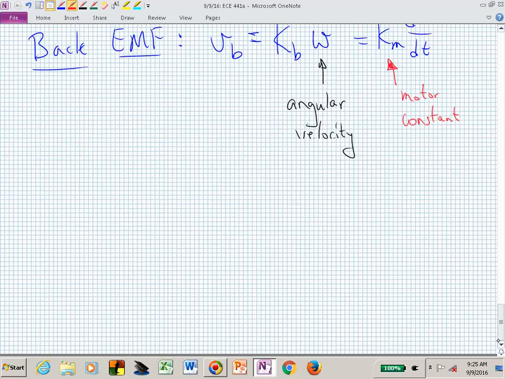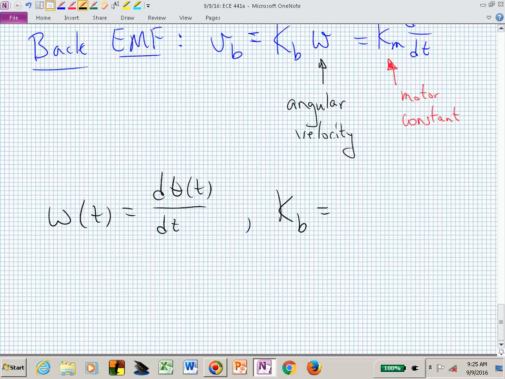And our equations that we're using are that the angular velocity of the shaft is just the time rate of change of the position of the shaft, and we're using the fact that the back electromotive force constant, K sub B, is equivalent to the motor constant K sub M. The explanation for that can be found on page 75.